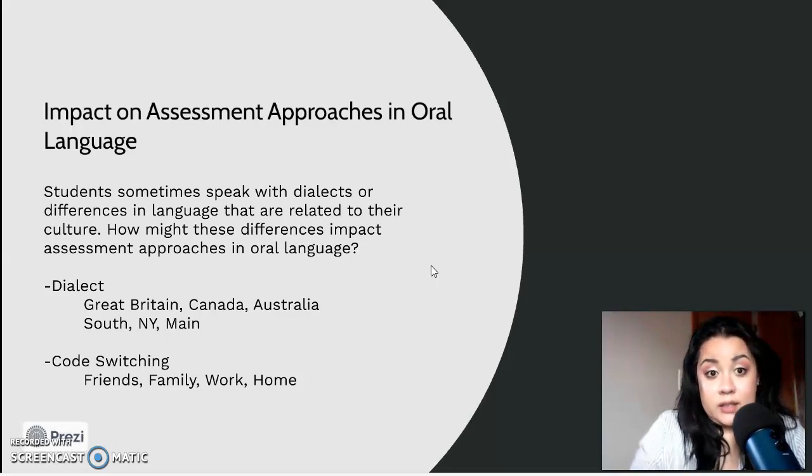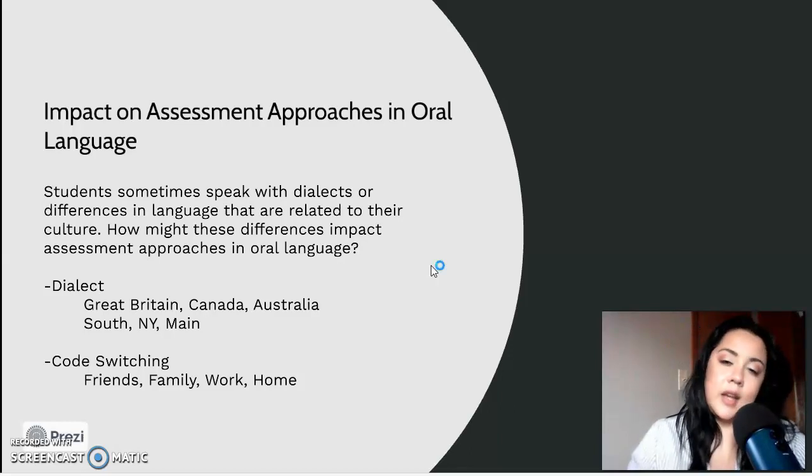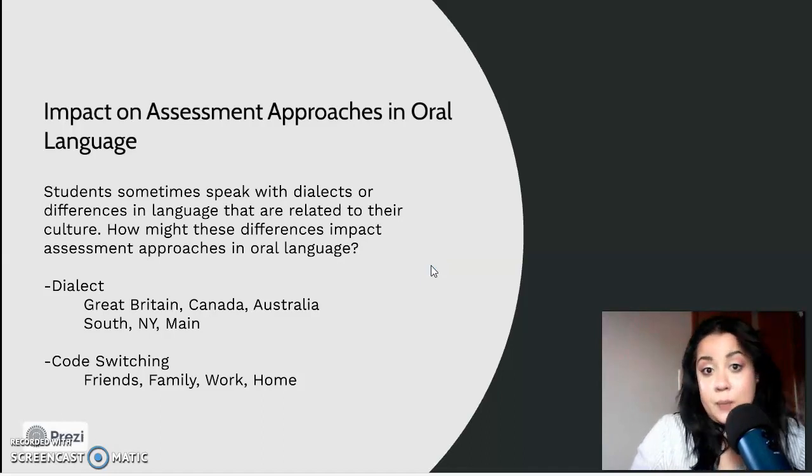I feel like personally it affects it because there is no consistency in assessing. The book gave several different examples of different assessment approaches when it comes to oral language. I personally don't feel like there is a good way, and I'm sure they're coming up with many other ways to assess people, especially since cultural differences in languages is a lot more common in our areas now.